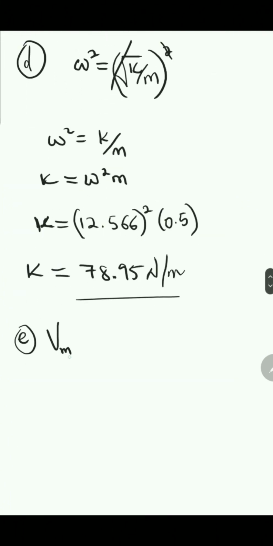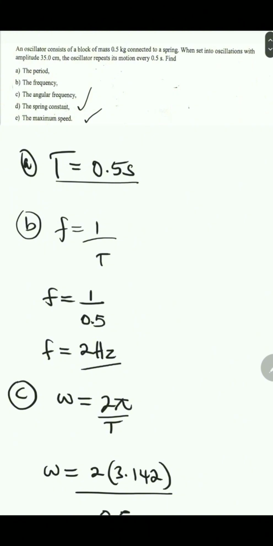For a simple harmonic motion, the maximum speed is the speed obtained by a particle at the mean position, and this is given as the amplitude multiplied by the angular frequency. So that's how you obtain maximum speed, which is simply at the mean position. Now the amplitude from the question is given as 35.0 centimeters.